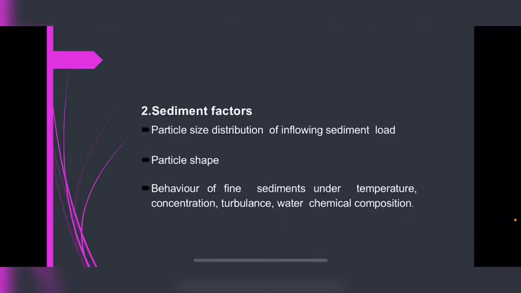Sediment factors are related to the sediment load getting deposited in the reservoir, and they are the particle size distribution of the inflowing sediment load, that is, coarser aggregates get settled faster than finer aggregates. The second one is particle shape, and the third one is the behavior of fine sediments under temperature, concentration, turbulence, and water chemical composition.